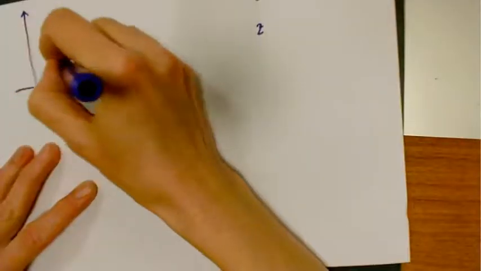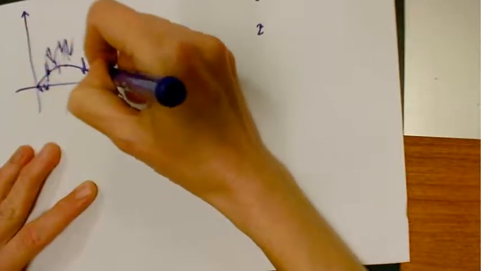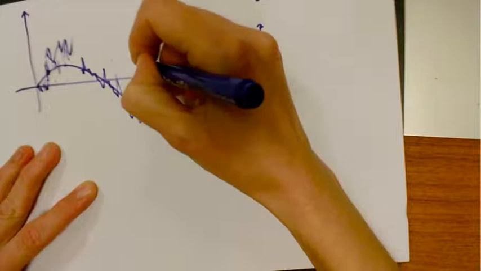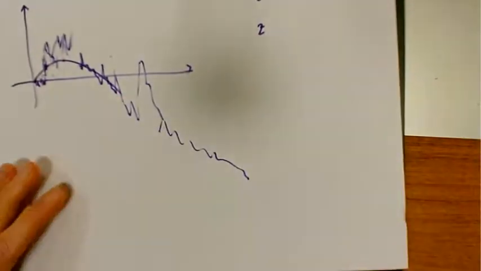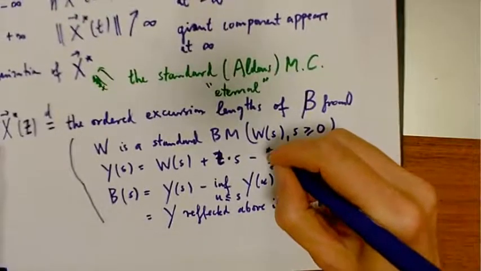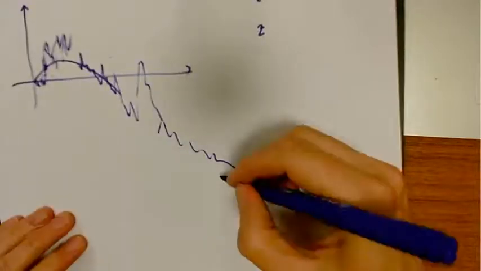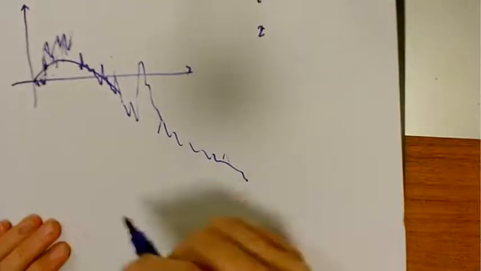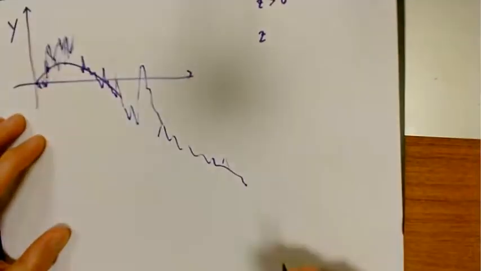There is Brownian motion evolving around this parabola, and then here it goes down and down and down, because the parabola is stronger than Brownian motion, but it could, okay. And now you bring it above past minima. So this would be a graph of Y.